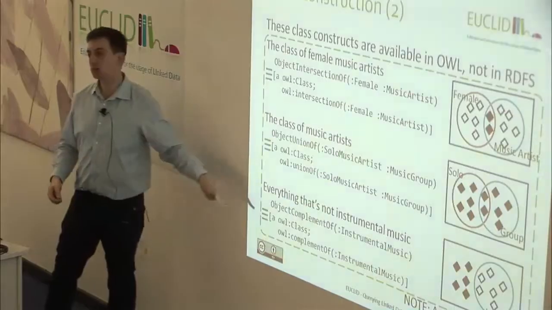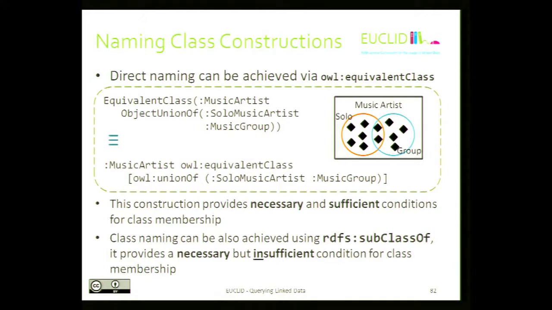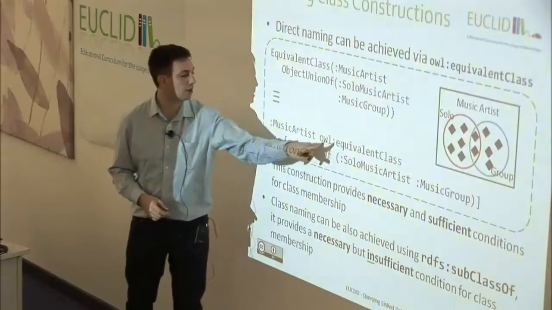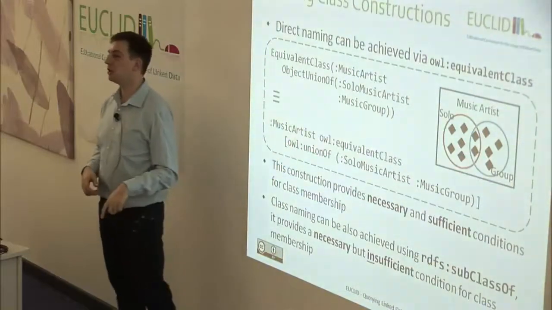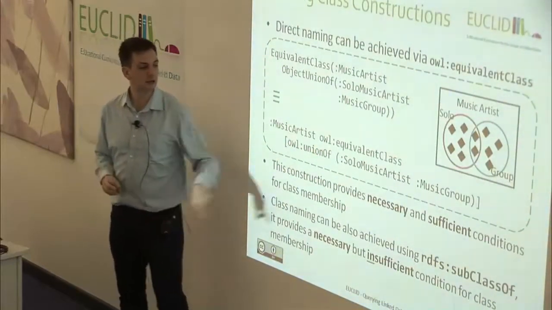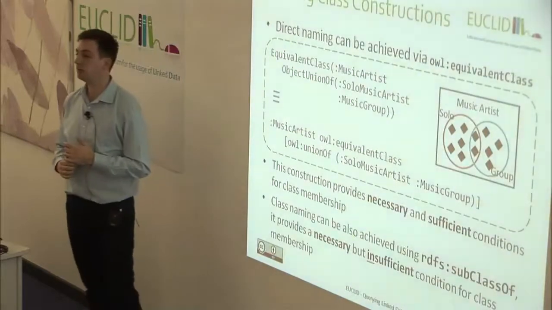When we form these anonymous classes by construction, we can give them names. And we've already seen the machinery to give them names. It's just equivalent class. Okay? So we can use a name like music artist and say the members of that named class are the same as the members of an anonymous class, which is this one that we form by construction, taking the union of solo music artist and music group.